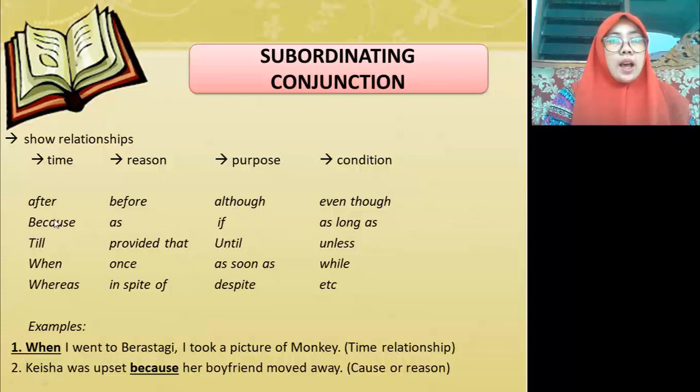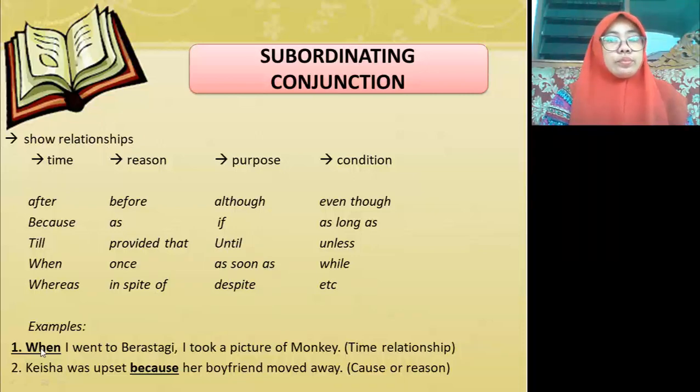For example, after, before, although, even though, because, as, if, as long as, till, provided that, until, unless, when, once, as soon as, while, whereas, in spite of, despite of, and so on. All of these words, you can use if you want to connect your sentence in showing some relationship.